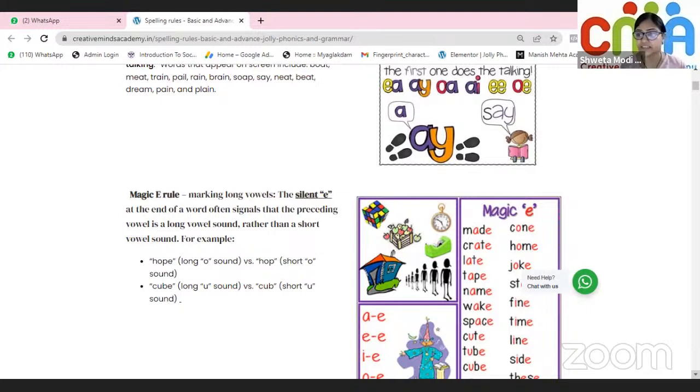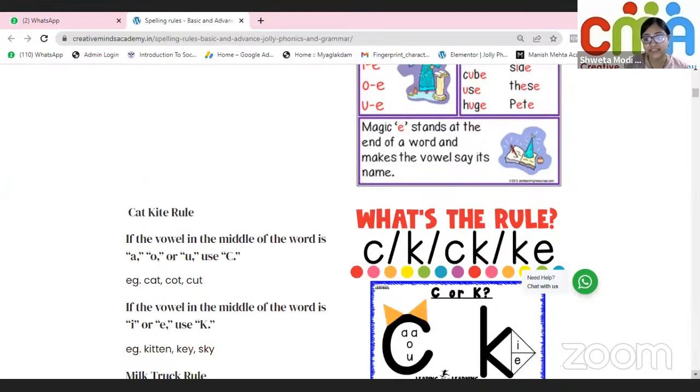And so now it's not mad, but it's the long A sound in the word made. So mad has a short vowel sound, but made has the long vowel sound because it has the magic E rule there. Okay. And then we have the cat and kite rule.